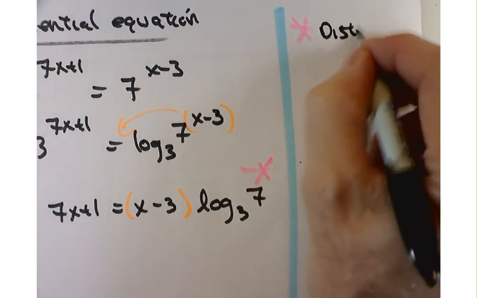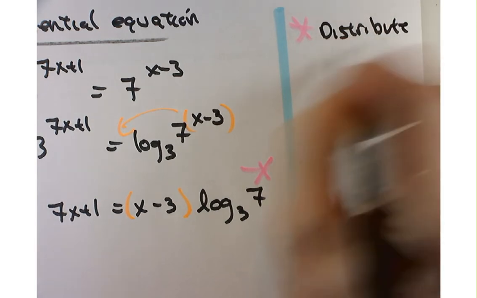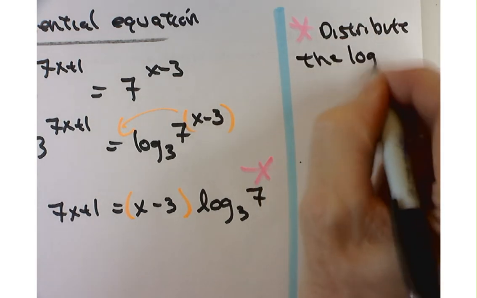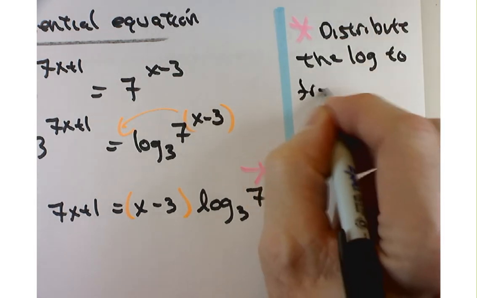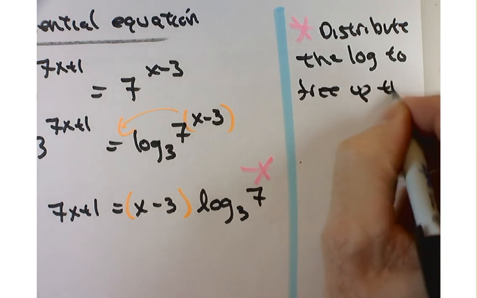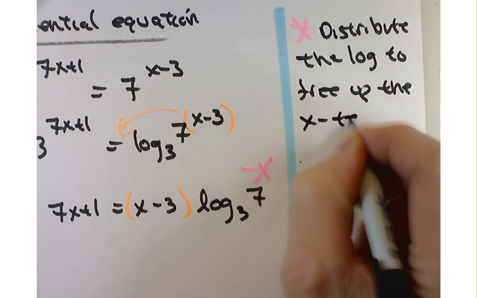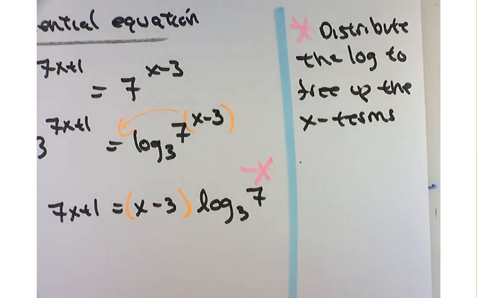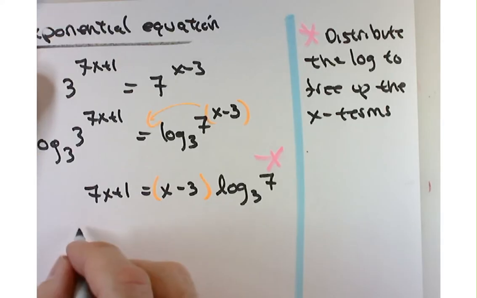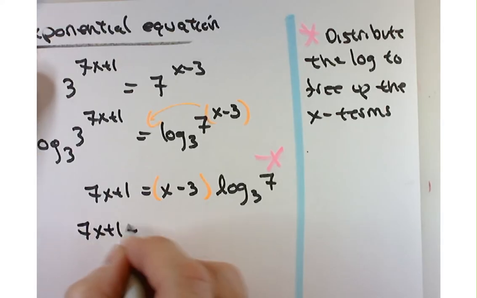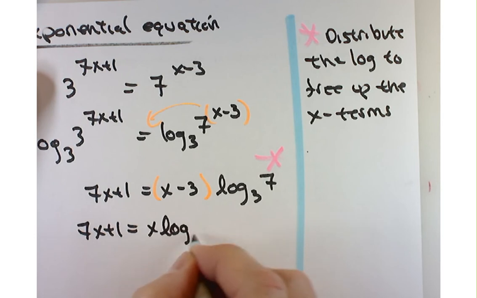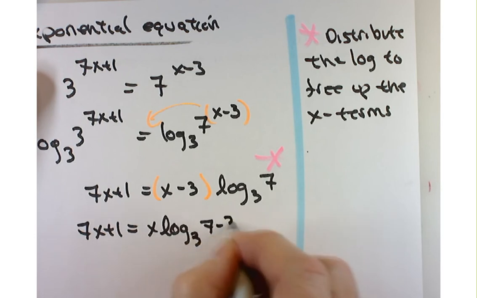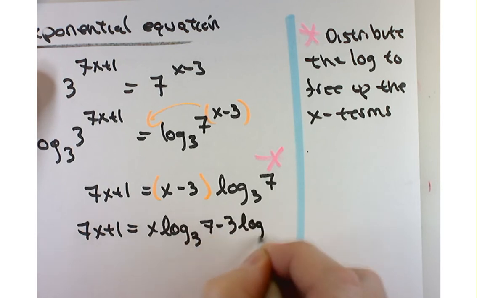Distribute the log to free up the x terms. So that's going to give me 7x plus 1 equals x log base 3 of 7 minus 3 log base 3 of 7.